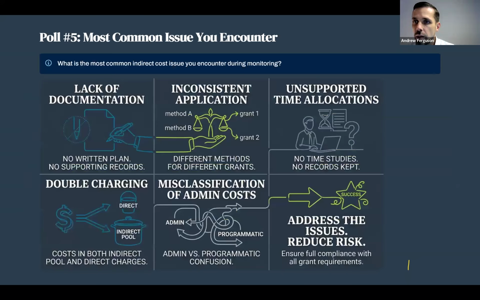All right, I'm going to go ahead and get this poll launched. What is the most common indirect cost issue you encounter during monitoring?